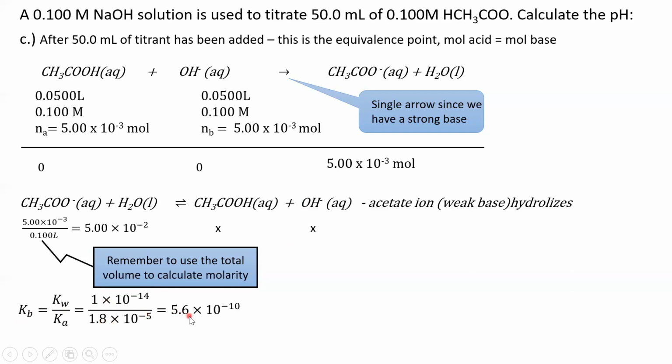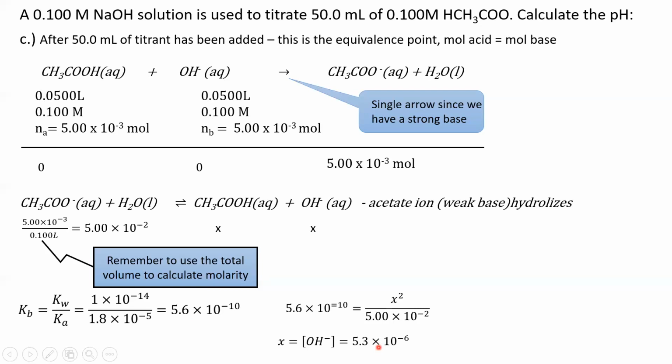So we've got our Kb that will equal the concentration of the products over the concentration of the reactants. So 5.6 times 10 to the minus 10 will equal X squared over 0.0500 minus X. See if you can calculate the pH from that. Think about when you calculate X, what X means, and figure out what the pH of the solution will be.